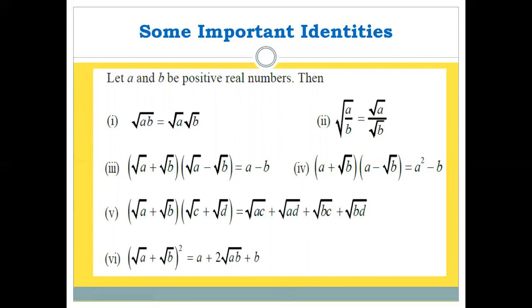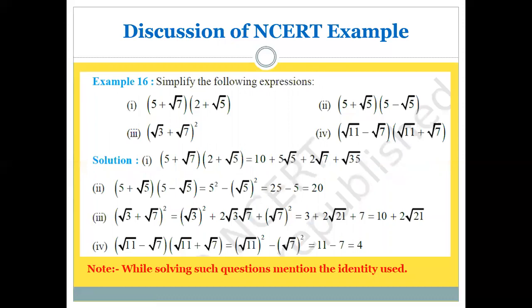And now we next have the discussion of NCERT examples. Here in example 16, you can see the use of identities and the solution for all the parts. 5 root 7 plus 2 root 5, they have been multiplied. You can compare it with the multiplication of two binomials as we do in algebraic expressions. Here 5 is multiplied with the entire bracket, then root 7 is multiplied with the entire bracket, and we get the result here.